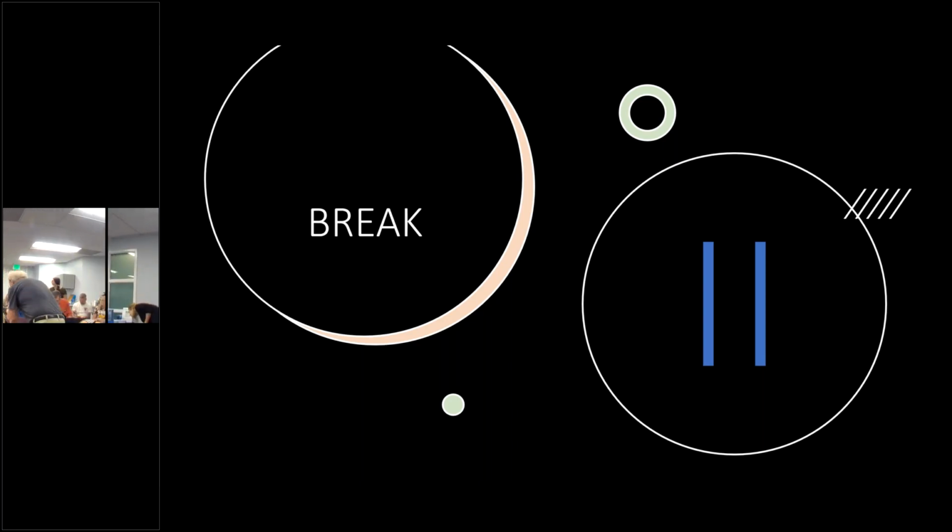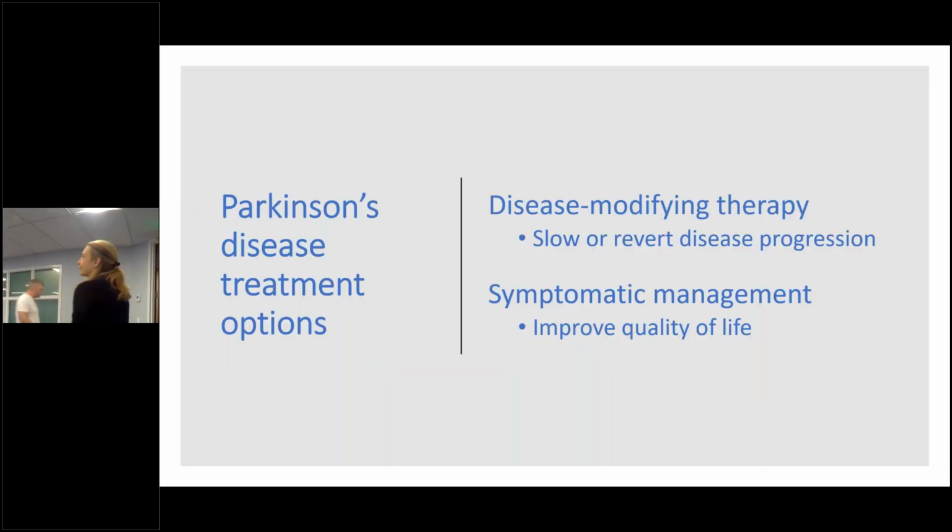So let's try to get back in, what do you do about another 45? Exercise. Oh, exercise. Carbidopa-levodopa is still a symptomatic management, but the closest thing that's going to change the trajectory is exercise.